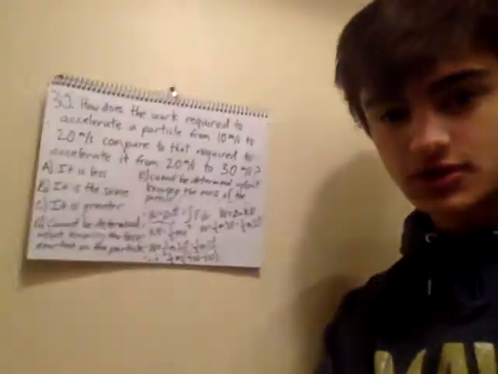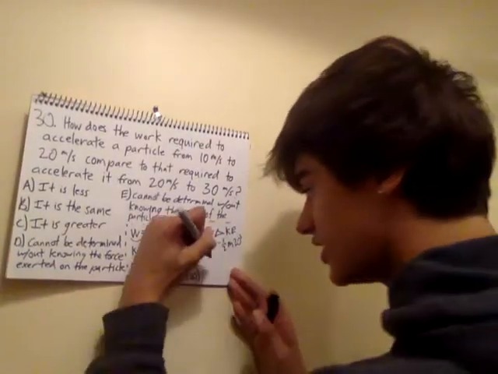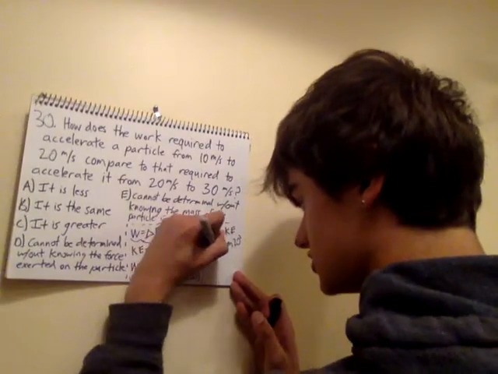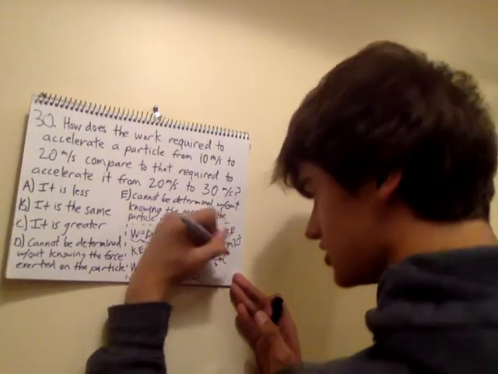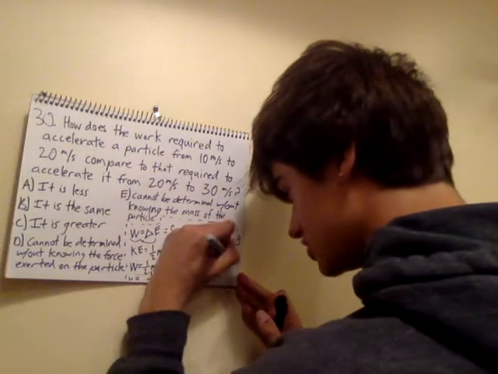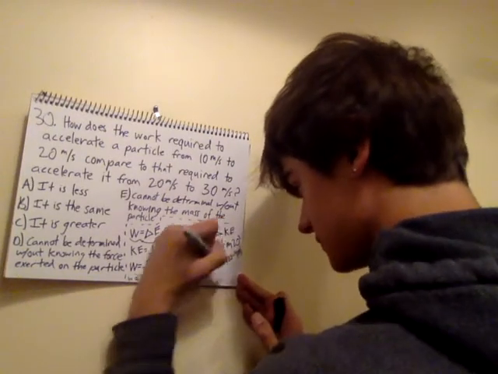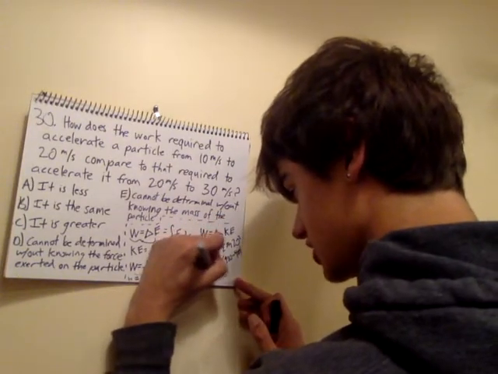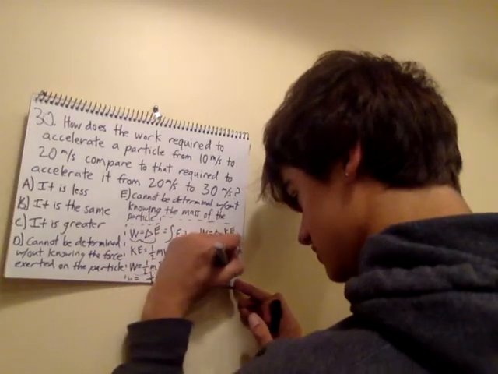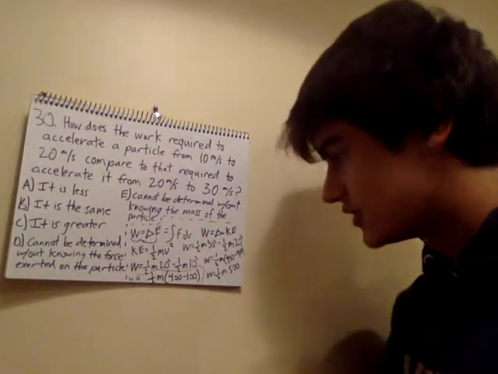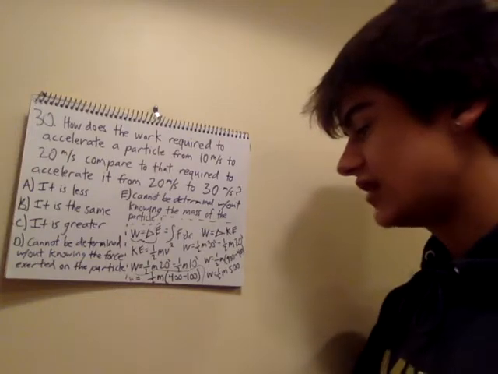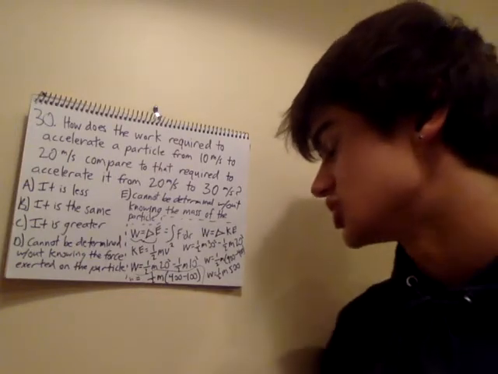Okay. And again, we're going to factor and then simplify, just because I like to factor. So 30 squared, 900. 20 squared, 400. We can see that this work is 1/2 m times 500, which is greater than 1/2 m times 300.